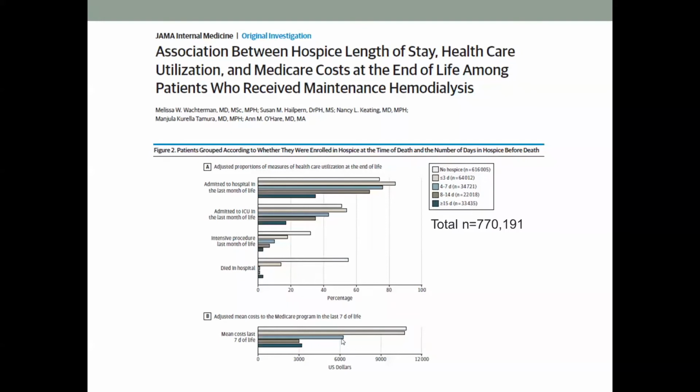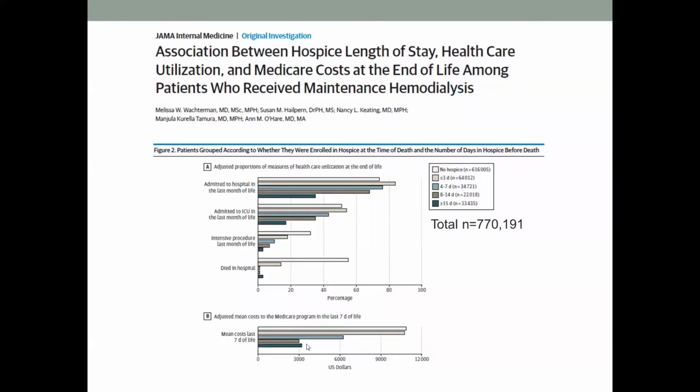For patients who are receiving hospice even 4 to 7 days, they're probably stopping dialysis, perhaps as an outpatient, or had less of an acute inpatient event and stopped dialysis at that point in time, maybe have some residual kidney function. These are patients whose costs in the last week of life were about $6,000. And then if you have people on for more than a week, you're looking at costs of about $3,000 in the last week of life.